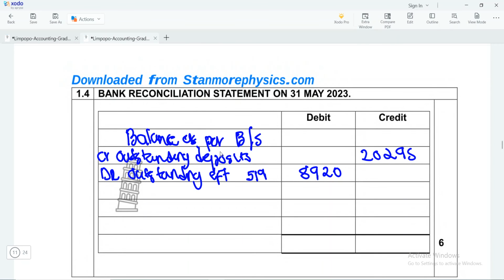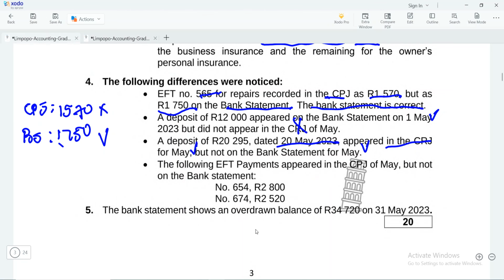And then next, they are telling us that the following EFT payments appeared in the CPJ for May. So these payments are there in the CPJ, but they are not reflected in the bank statement. In other words, we want to inform the bank about these EFTs that we made, and we know that every time we inform the bank about this, we use the bank reconciliation statement.